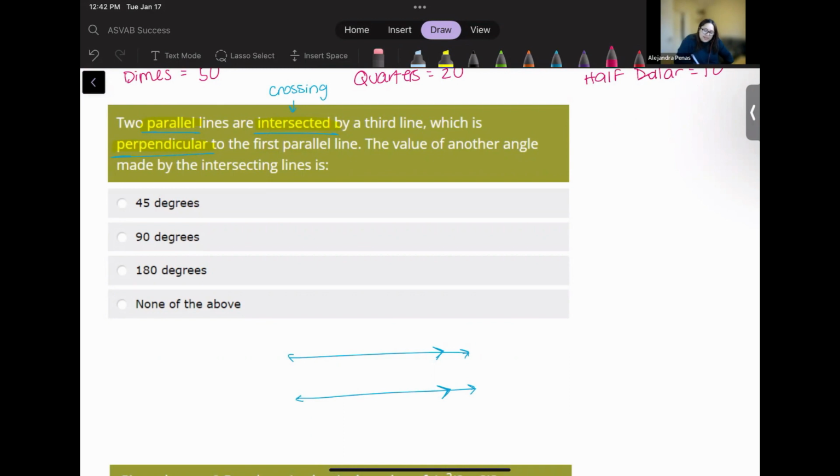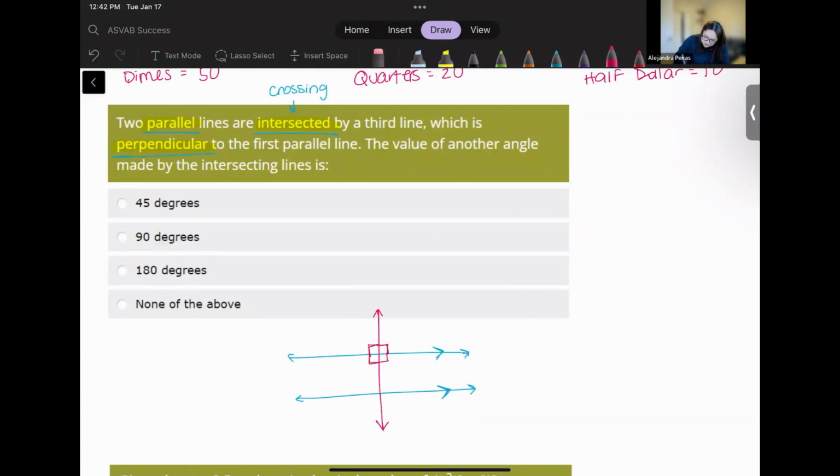And they mentioned that that third line is perpendicular. Perpendicular means that when the line crosses, it creates a beautiful 90-degree angle. So it's going to cross exactly like wham, across, and it forms a perfect 90-degree angle.